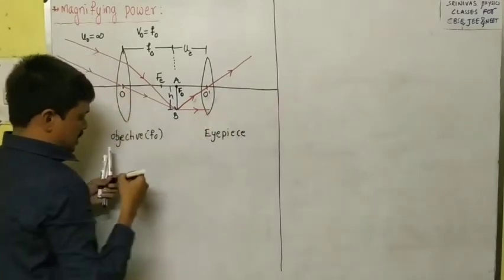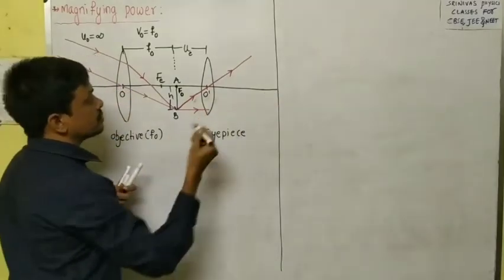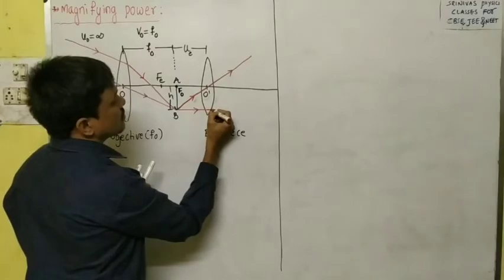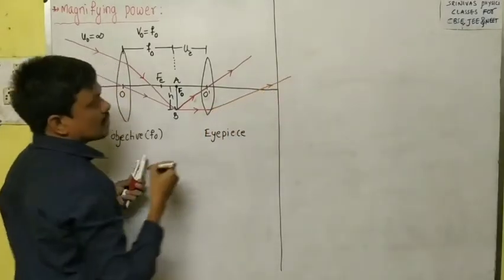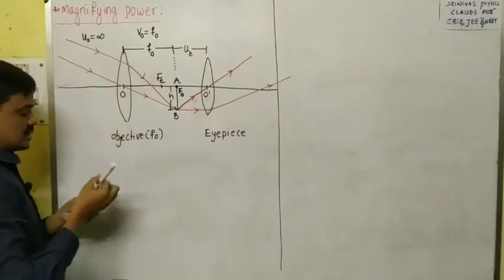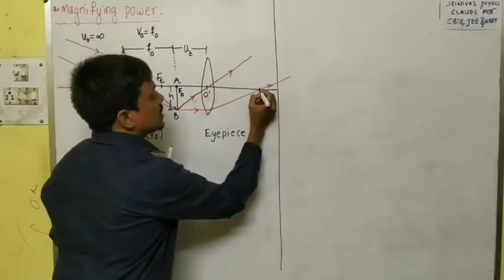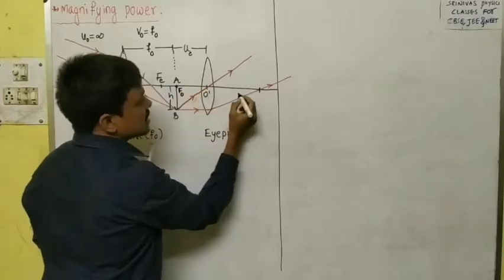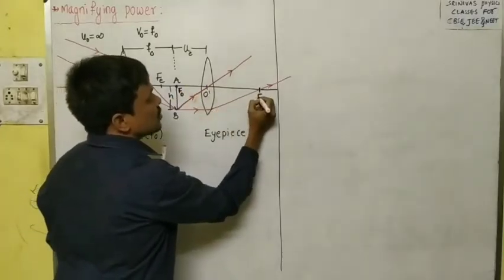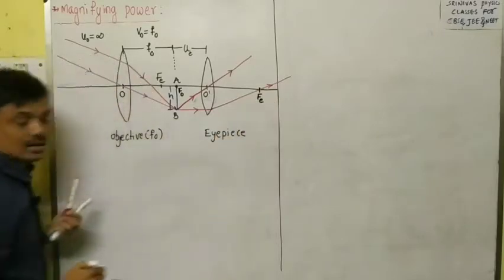Okay, and now let us draw the diagram. And now this is the focus of the eyepiece, this point. Okay, right, this light ray is incident parallel to the principal axis, then after the refraction passes through the focus of the eyepiece, right?